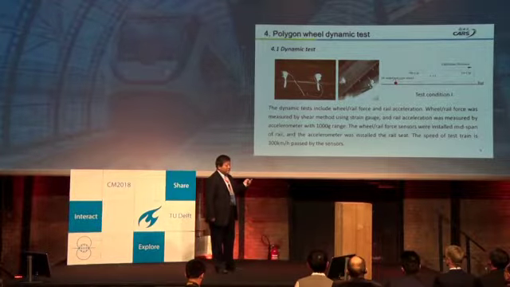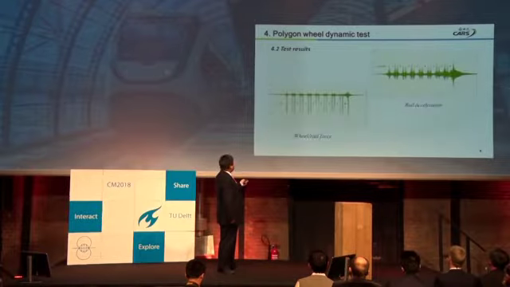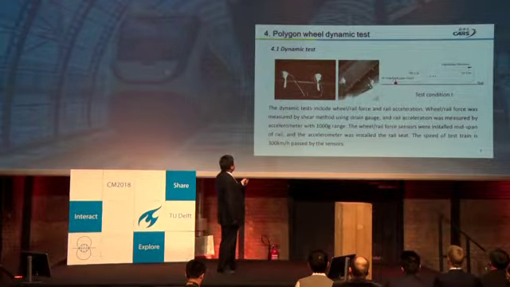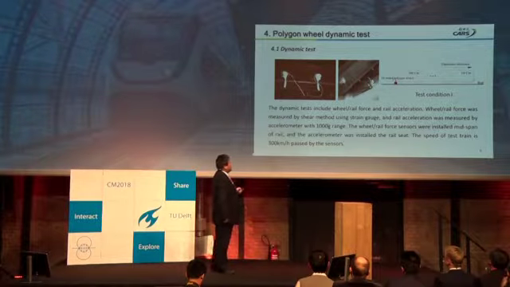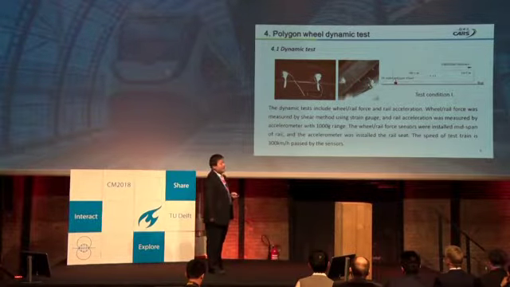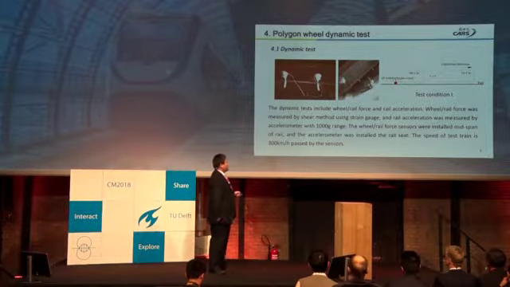The force sensors were installed at mid-span of the rail, and the accelerometer was set on the rail seat. The operating speed of the test train was 300 kilometers per hour as it passed the sensors.